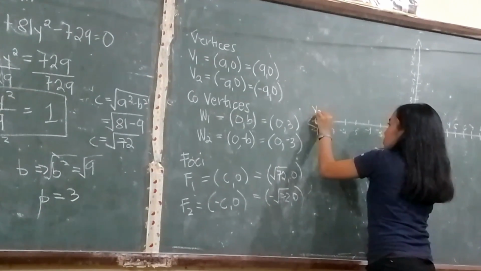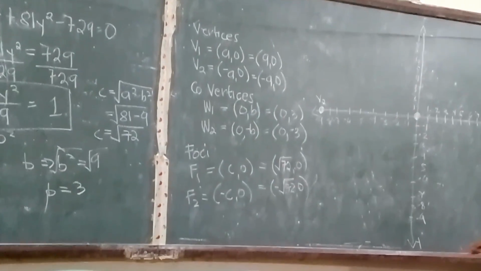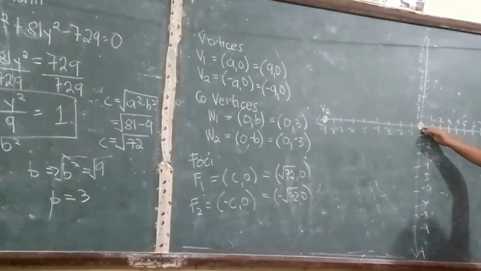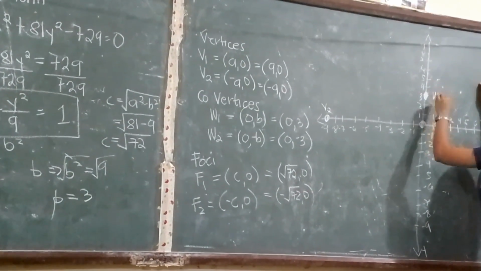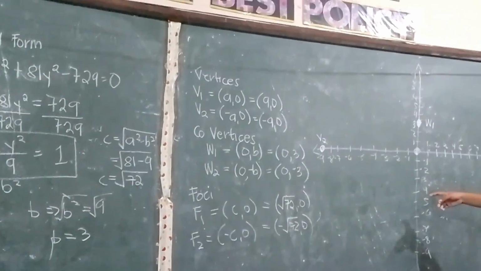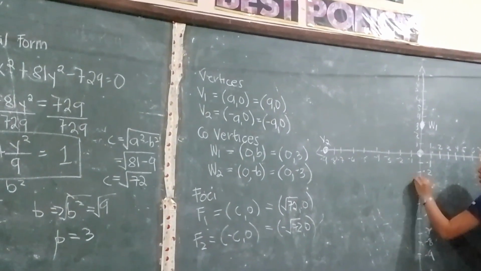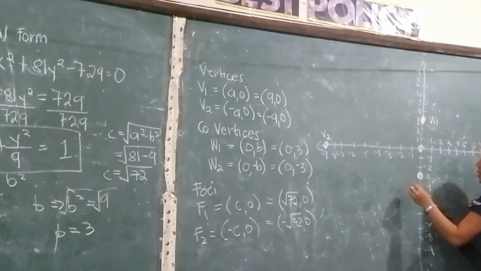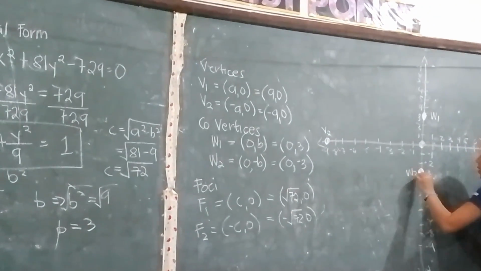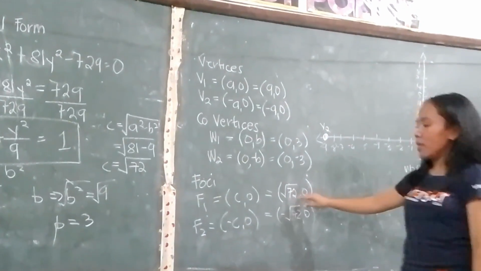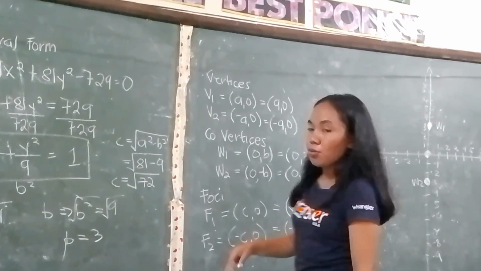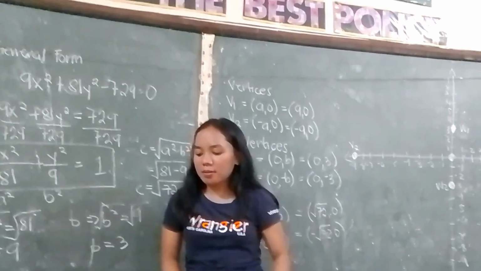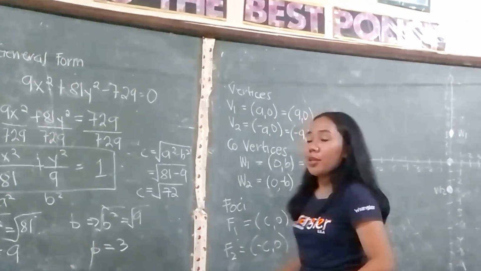For our co-vertices, we have 0 and 3. So we have here our co-vertices. And for the other one, we have 0 and negative 3. And for our foci, when we calculate the square root of 72, we came up with the approximate of 8.49.